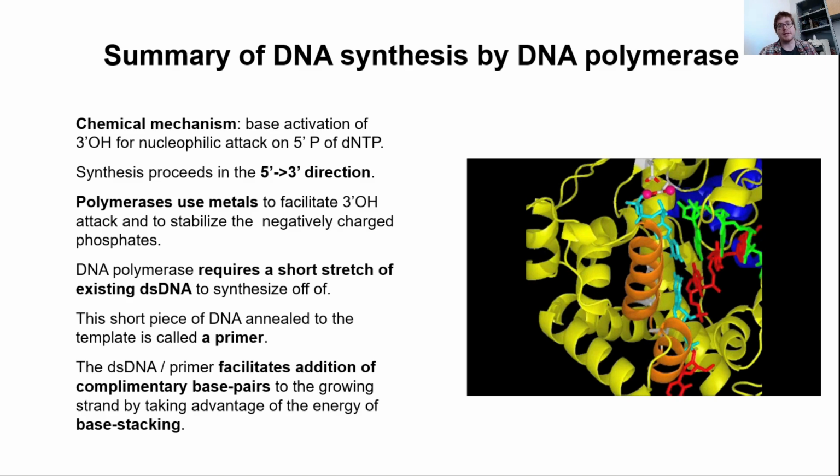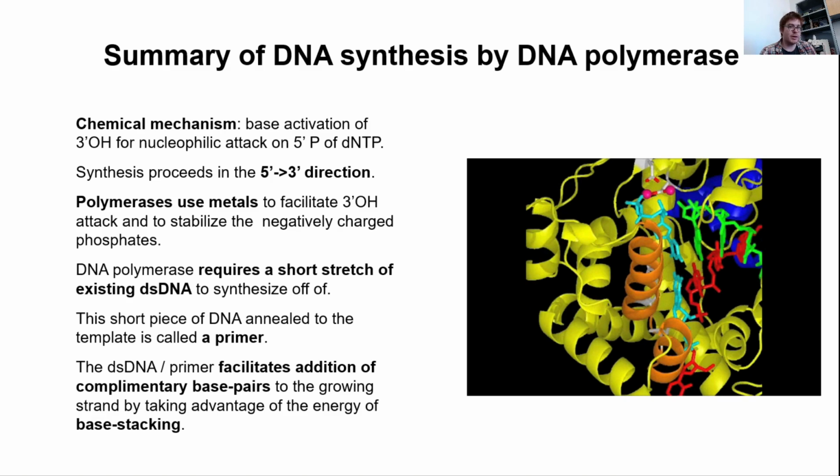We talked about how polymerases catalyze this reaction by harnessing metals, these magnesium ions that present lots of positive charge. We also talked about how it's really important to know that DNA polymerase requires a short stretch of duplex DNA between the template and synthesis strand in order to be able to synthesize off of that. And that little short piece of DNA that's required to be annealed to the template is called a primer.